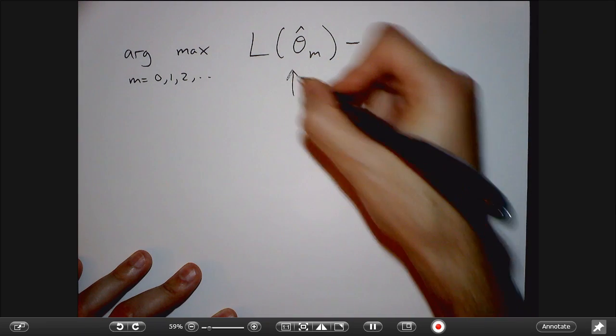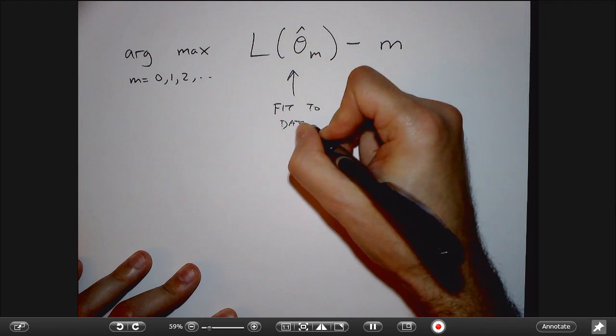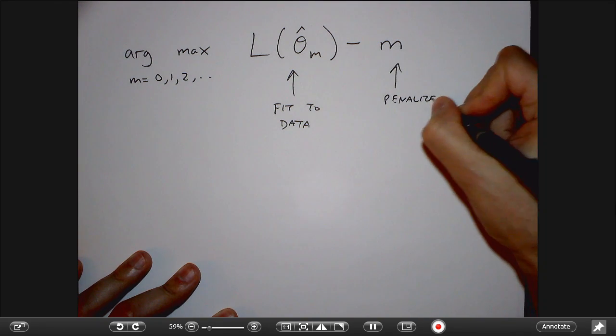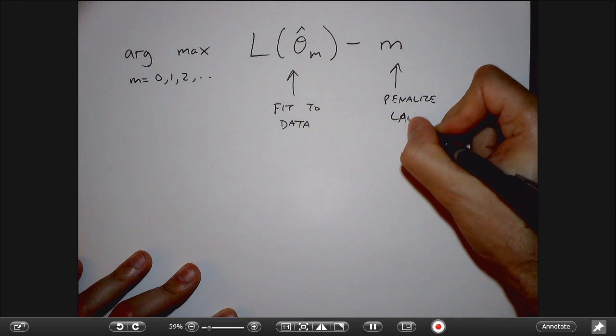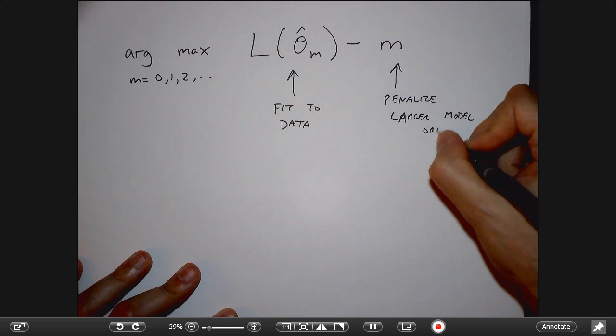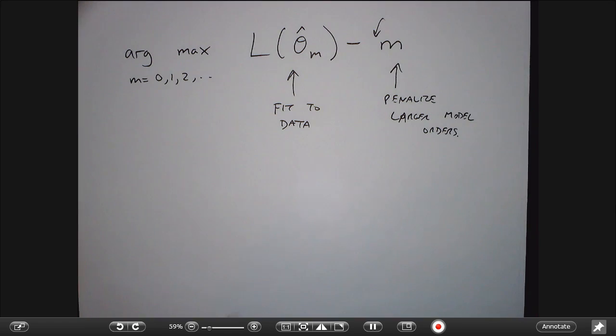This is like saying, fit to data, and I penalize larger model orders. And you can put a coefficient on here if you want to say how much you care.